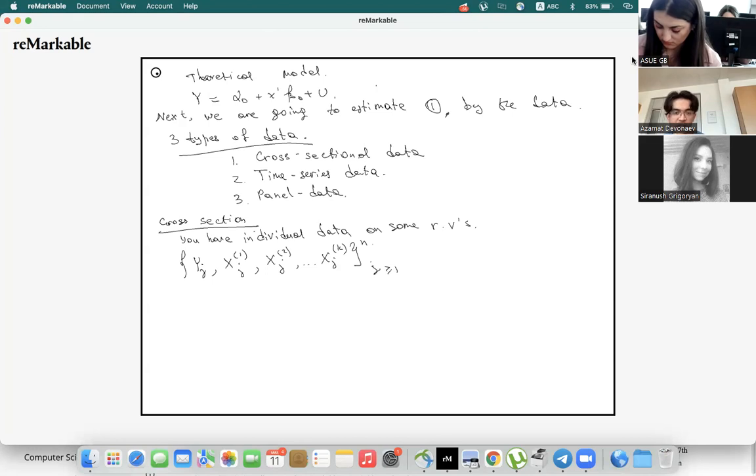You see, J denotes the individual, and you have n observations on y, x1, x2, up to xk. This is the structure of the cross-section. If you see it like a table, it's like this.